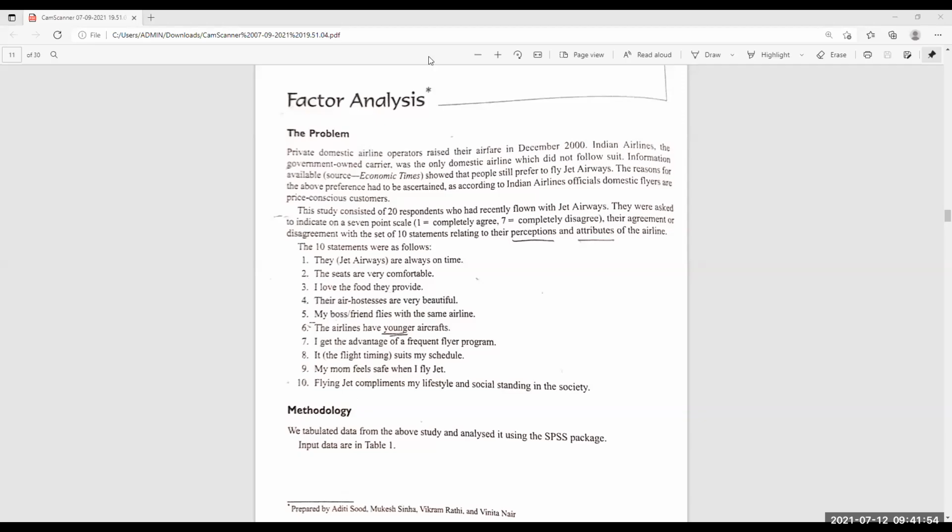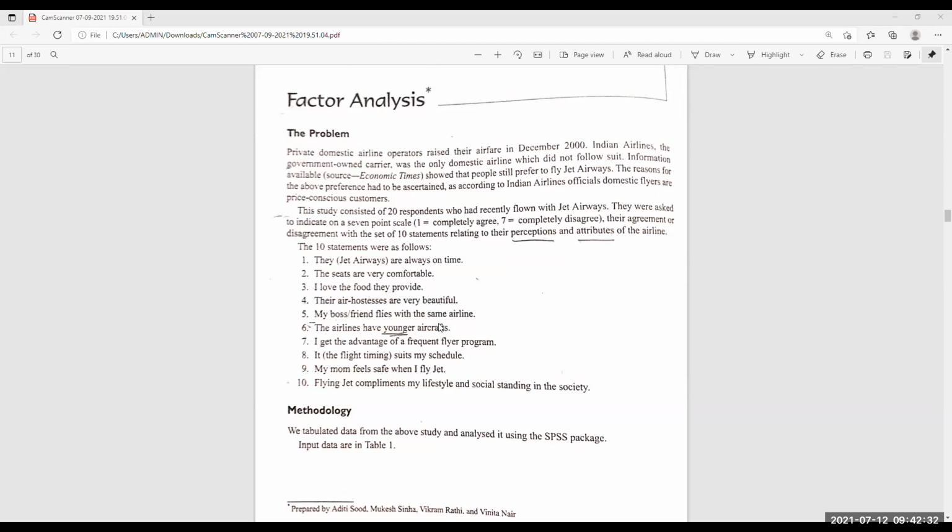So the case here we saw was a research study being done on Jet Airways using how many scale items? How many scale items were used? 10 items. 10 statements, in this case, we were seeing the case study about a research study for checking on customers who had flown with Jet Airways. 10 statements which were measured on a scale of 1 to 7, right?